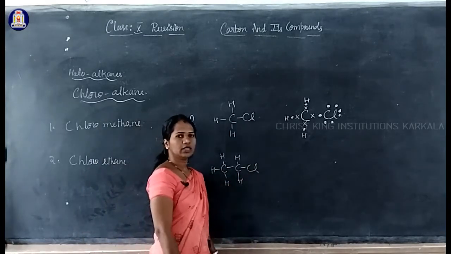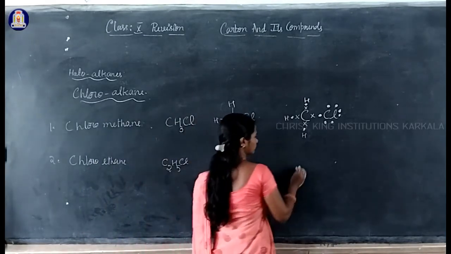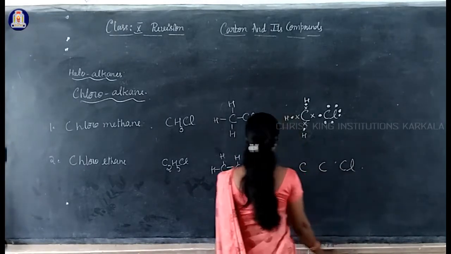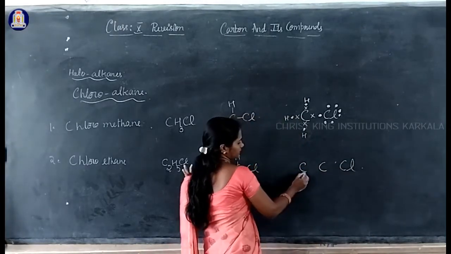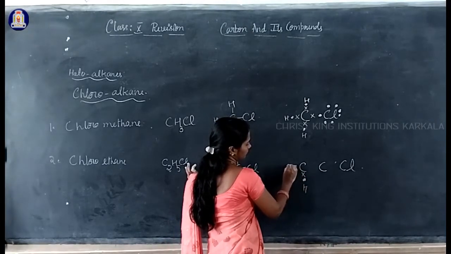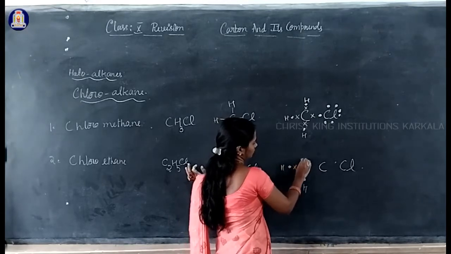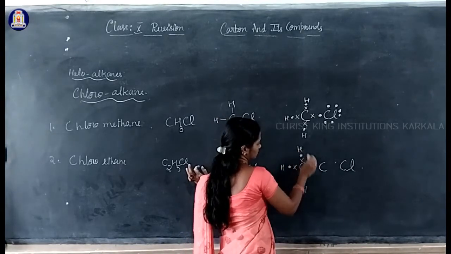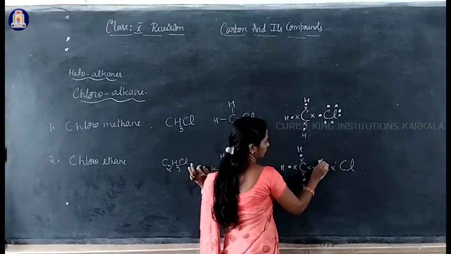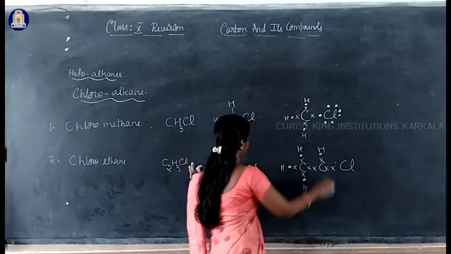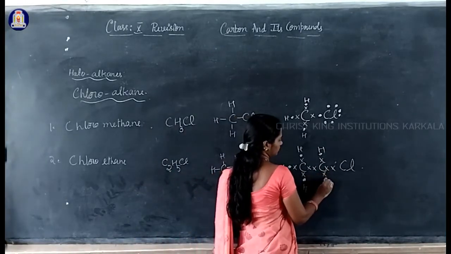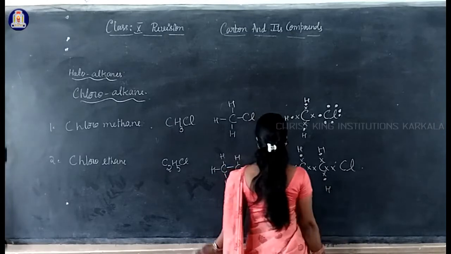Now we'll move to the electron dot structure. 2 carbon atoms and 1 chlorine. All single bonds are present, dot H, dot H, dot H, dot H, this hydrogen, dot H, and this chlorine.